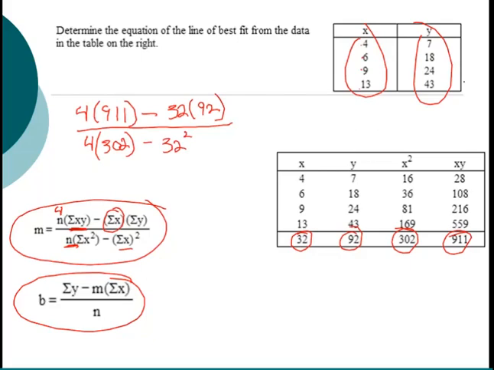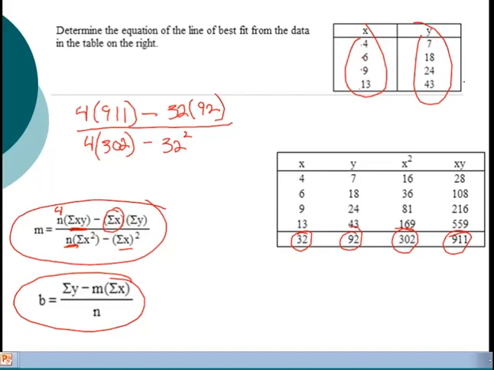Okay, so then I actually need to work this out on my calculator, which is 4 times 911, minus 32 times 92. Make sure that you multiply the 32 and the 92 first before you subtract.